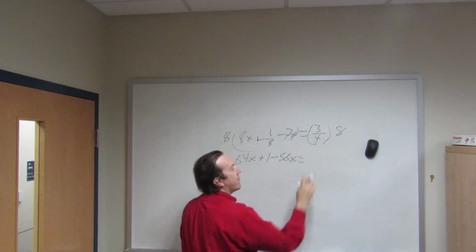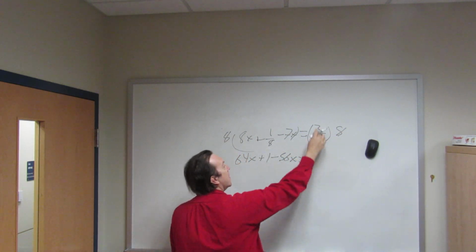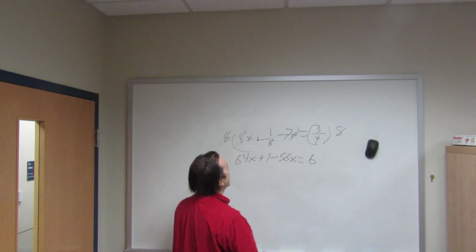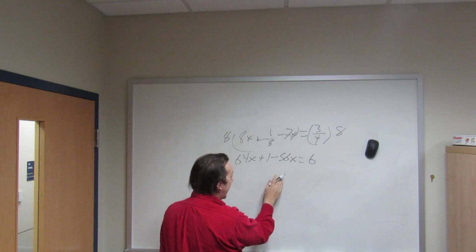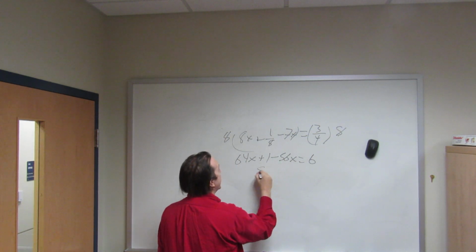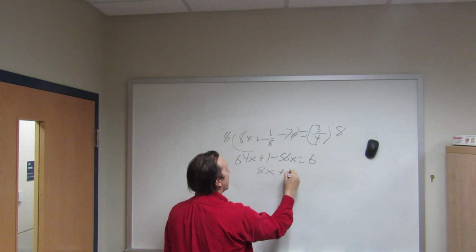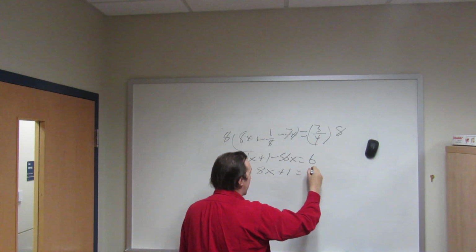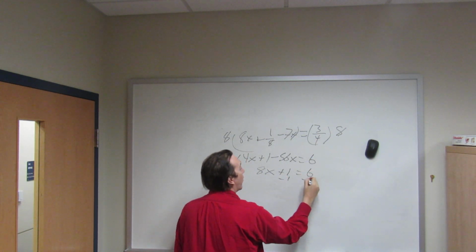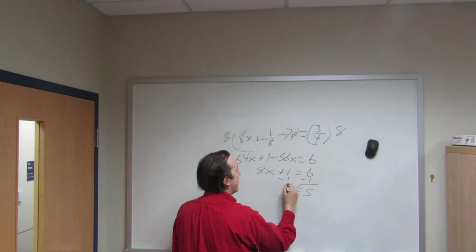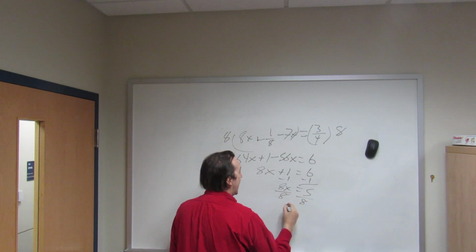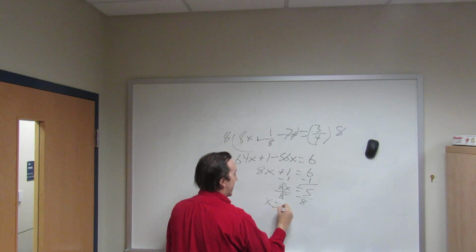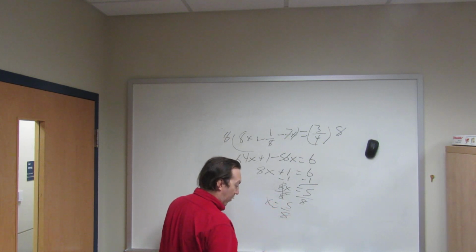Here, 8 divided by 4 is 2 times 3 is 6. 64 minus 56 is 8x plus 1 equals 6. Subtract the 1. We get 5 equals 8x. Divide both sides by 8. X equals 5 over 8.